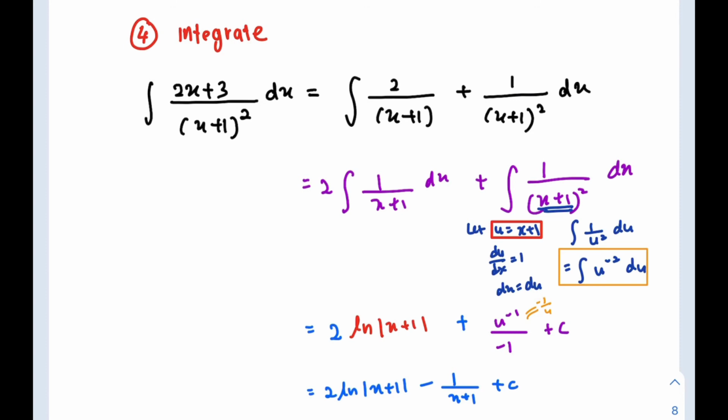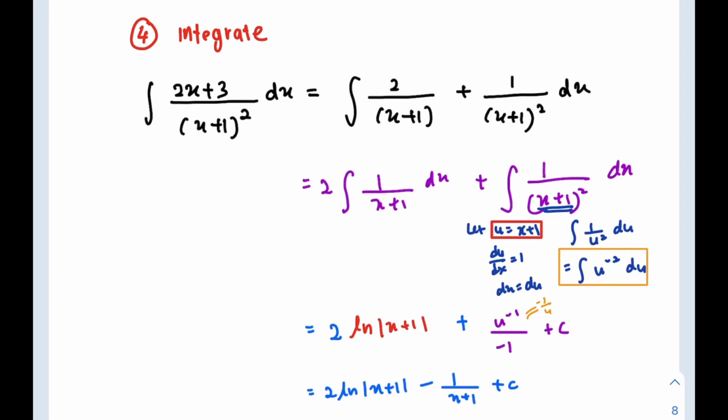So now we are integrating 1 over u squared du, or let's take this up, this is integrate u to the power of -2 du. So now let's do this. Integrate u to the power of -2 du is just add 1 to the power, divide by the new power.